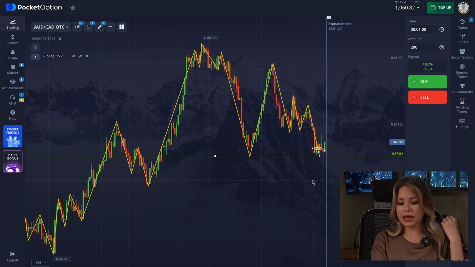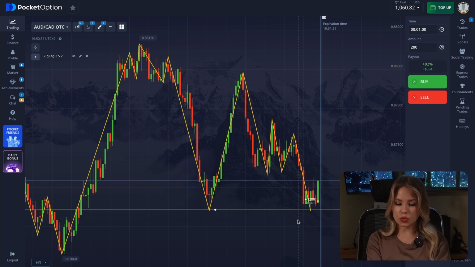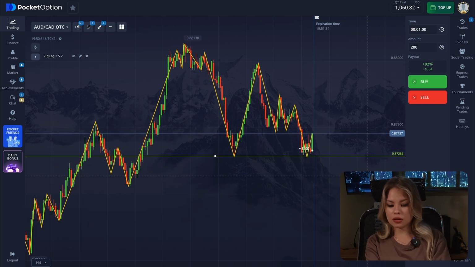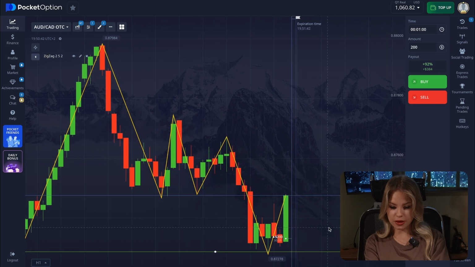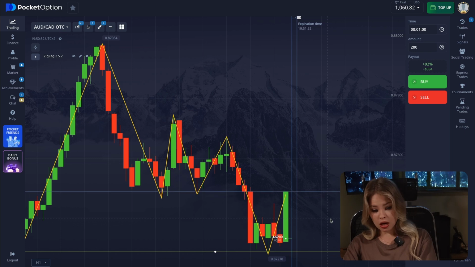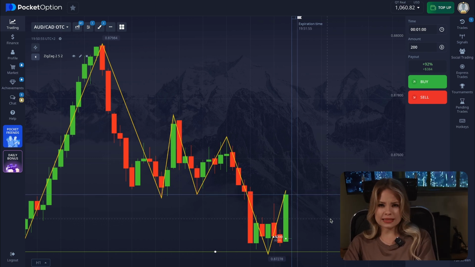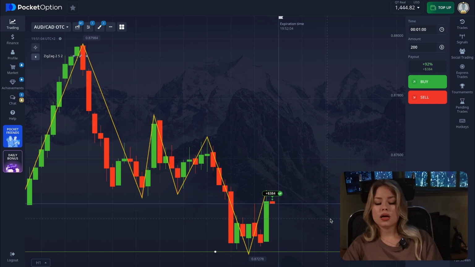You see that we have a tiny sideways here, so ZigZag is just waiting for other candles, waiting for growth of the price. Okay, you see that it just matched this line, drew its line. So guys, when you're looking for a setup to enter a position, okay guys, plus $384.